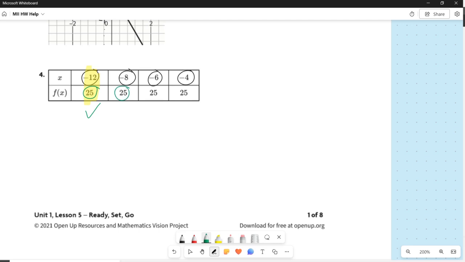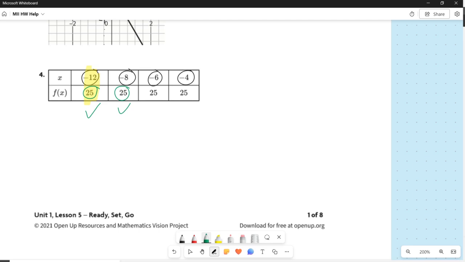It is okay for my outputs to repeat. What is a problem is if I have identical inputs that result in different outputs. That would be a problem. But I don't see any other -8s here as inputs, so we're good.